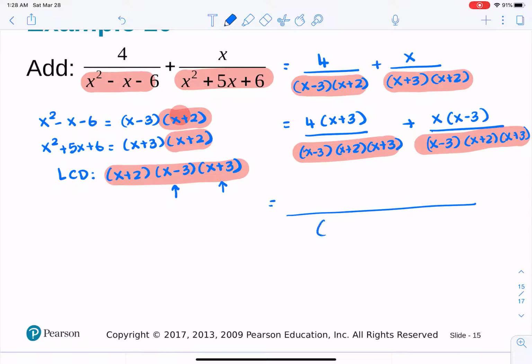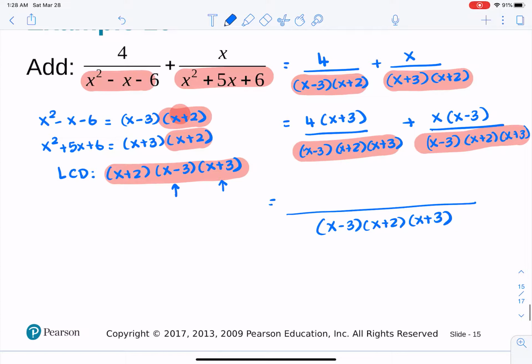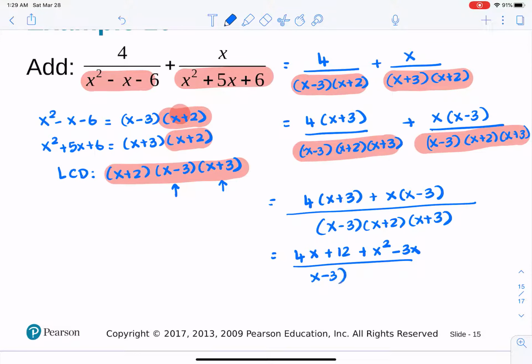So we combine the denominators and write it as a single denominator and combine the numerators. So 4 times x plus 3 plus x times x minus 3, which would give us 4x plus 12 plus x squared minus 3x divided by x minus 3 times x plus 2 times x plus 3.